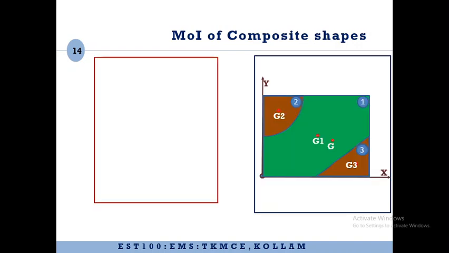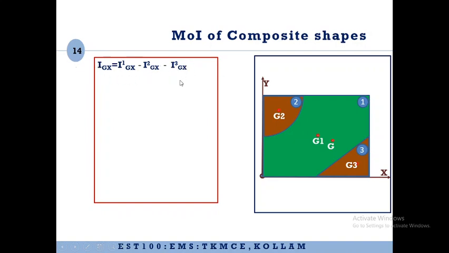So what we need to calculate is the moment of inertia of the composite shape about its centroidal axis. So Gx means centroidal x-axis, or an x-axis passing through the centroid. So how do we do this, how do we write this equation?